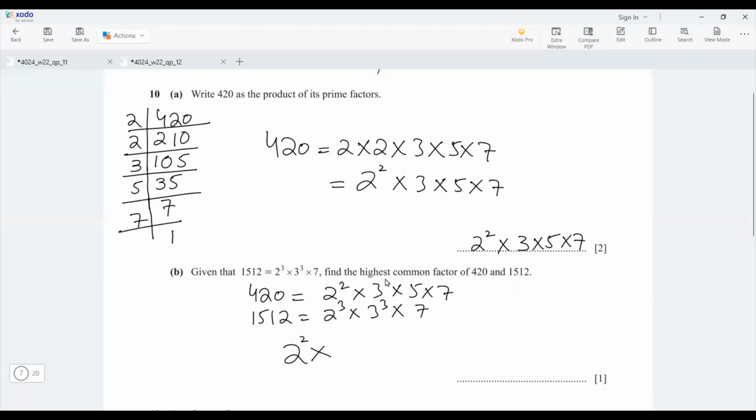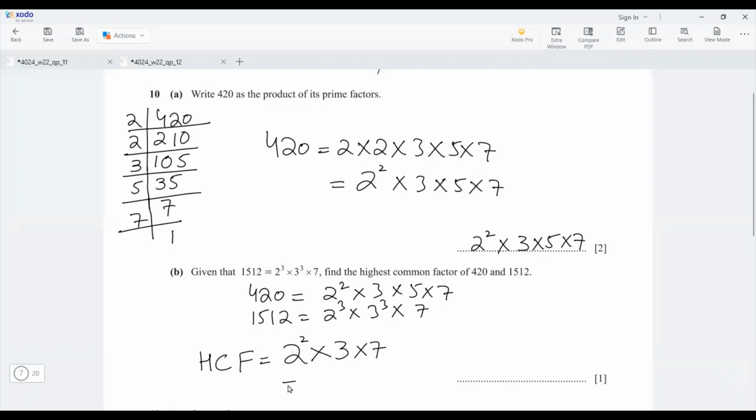Is 3 raised to the power 1 smaller, or 3 cube? Clearly 3 raised to the power 1 is the smallest among these common factors. What about 7? 7 is the same, so it can be written as it is. Multiply all of these, and that will result in the highest common factor. We have to look at the common numbers and write down the minimum of the powers, not the maximum.